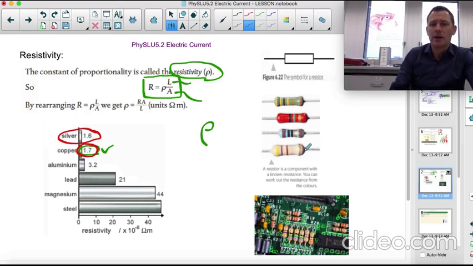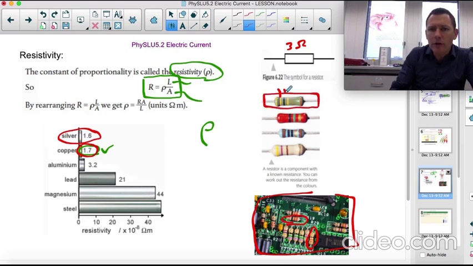This is a resistor on a schematic, on a diagram of an electrical circuit. It's just a little box, and then usually you'd have how much resistance it has. So 3 ohms. We'll talk about that in a second. When you open some electrical components up, it looks like this, and you can see these little resistors in here. You'll notice they have little stripes on them, and the color coding of the stripes you can look up in tables, and it'll tell you what the resistance is.